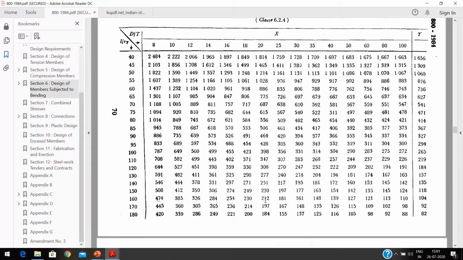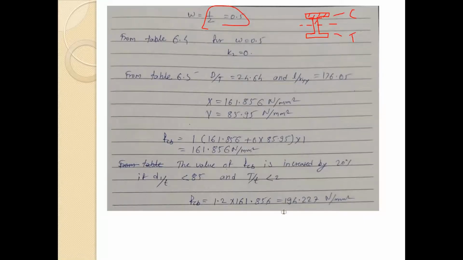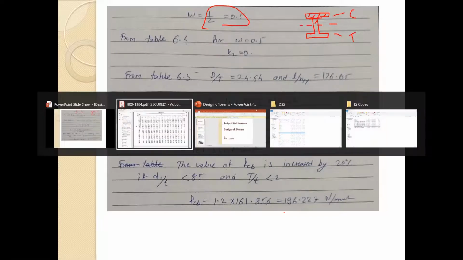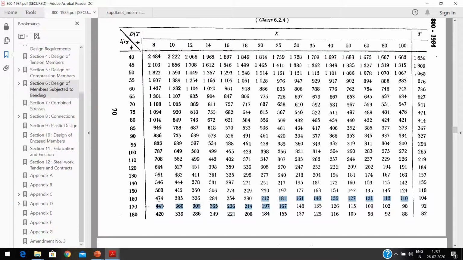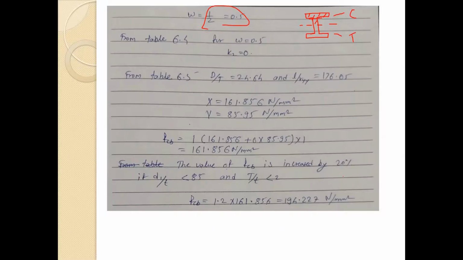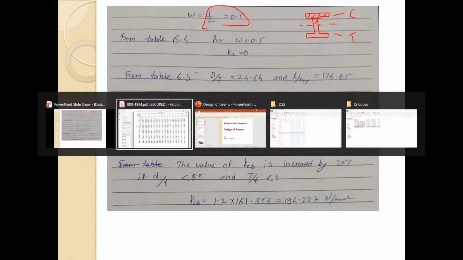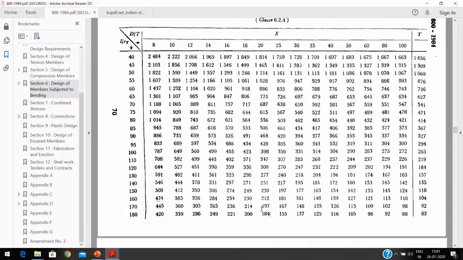So we will get again these four values. That is for X these four values, and for Y it should be in between 92 to 104. 176, sorry. So this is in between somewhere over here, and this is 82 to 92.